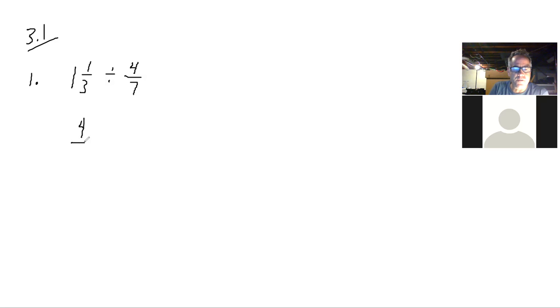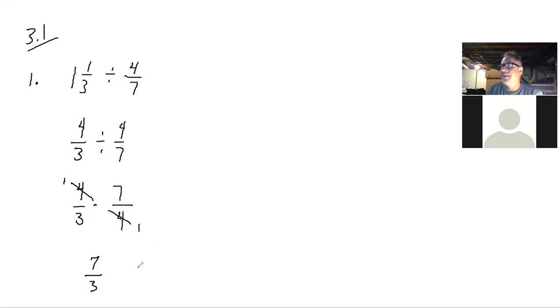So it's 4/3 divided by 4/7, which means this is 4/3 times, and again, flip, 7/4. Now, we have common factors of 4 top and bottom, so we're left with 1 in each case. My final answer here is 1 times 7 is 7, and 3 times 1 is 3. And so I get 7/3.